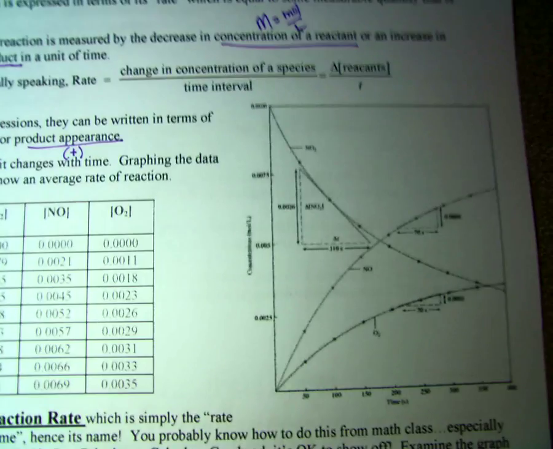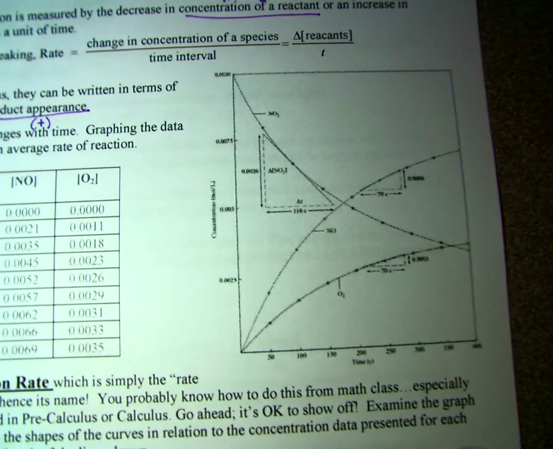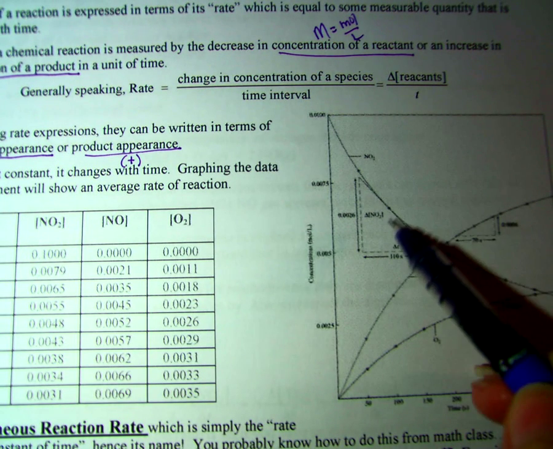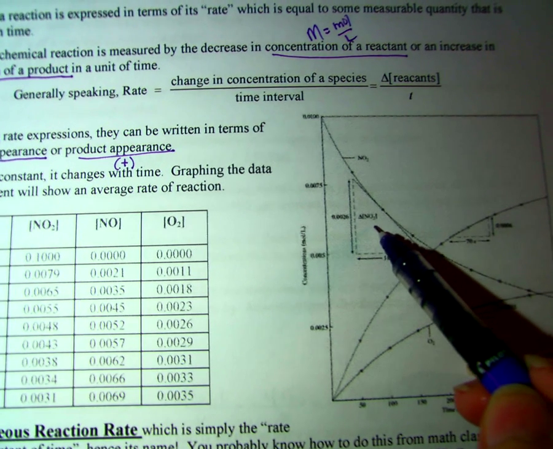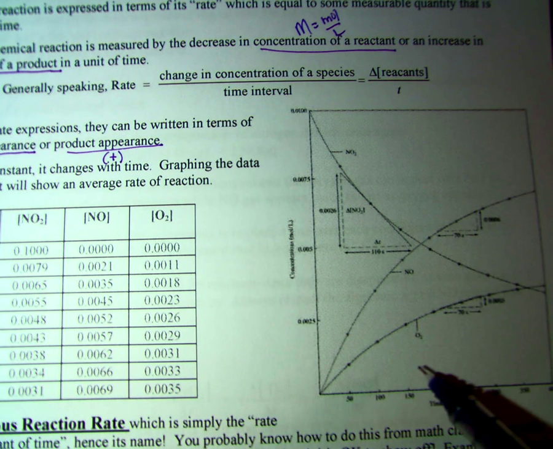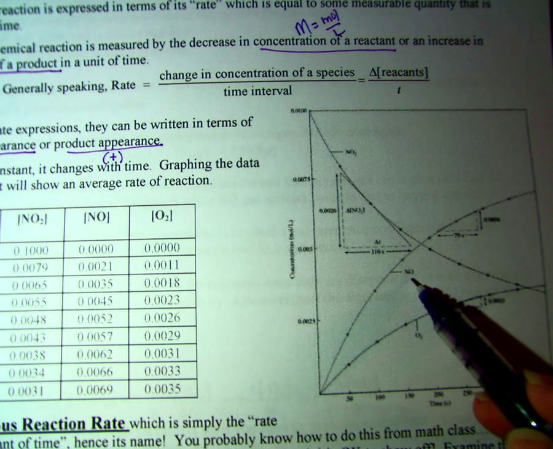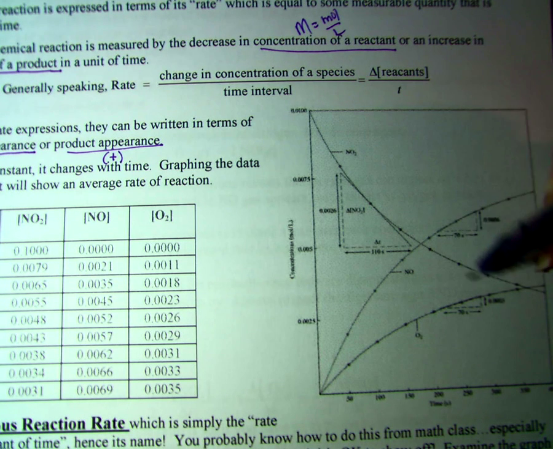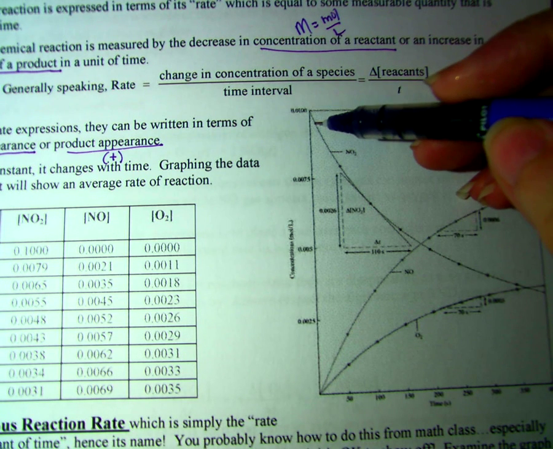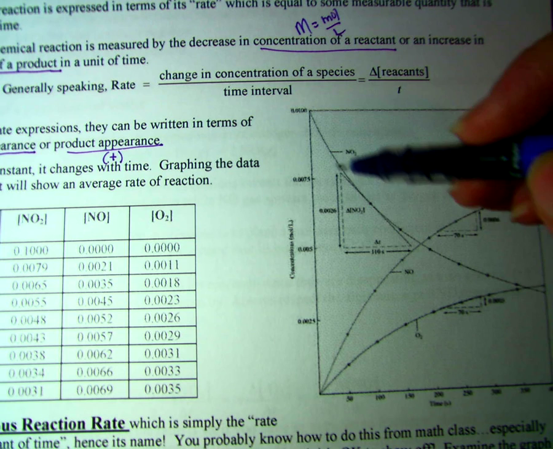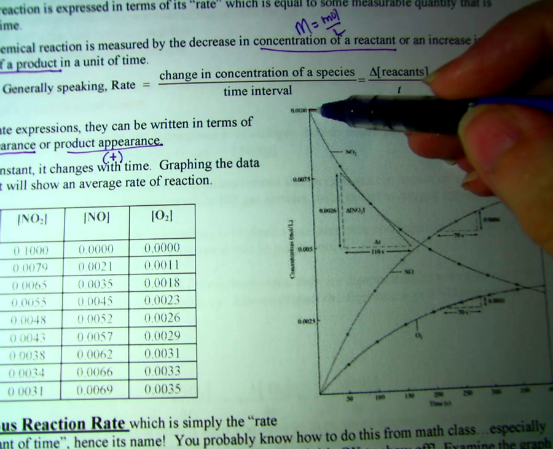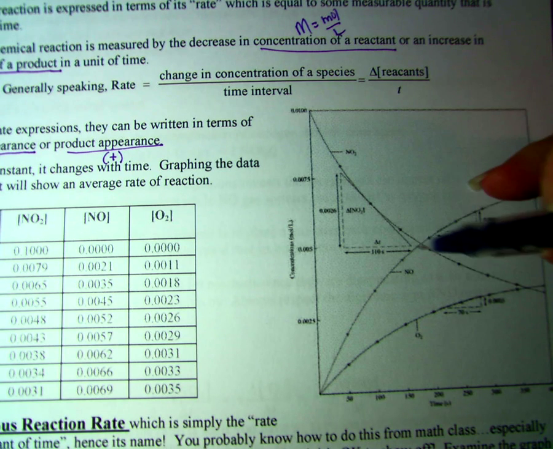Be sure that you are careful about this. So if we look at this reaction, you have change in NO2. You also have NO, and we have O2. Well, NO2 is our reactant, and we know it's a reactant because it is going down. It starts at a high concentration and it comes down.